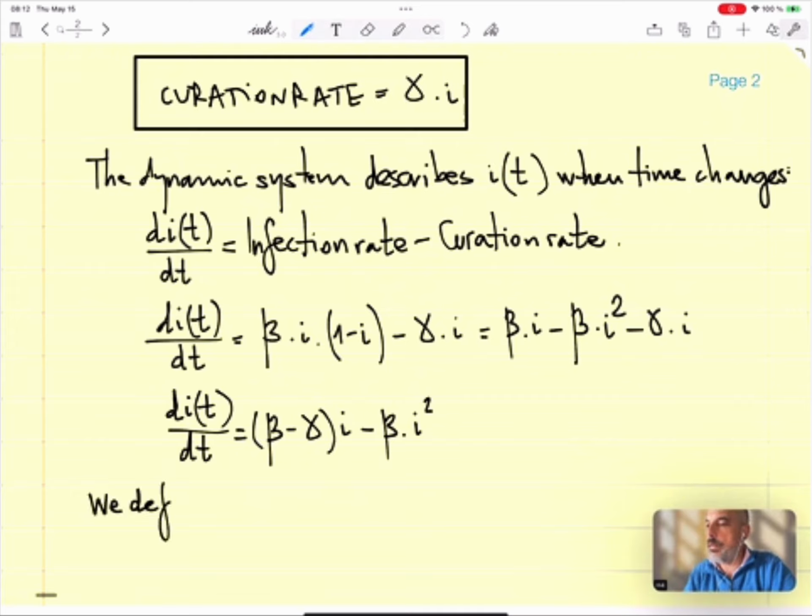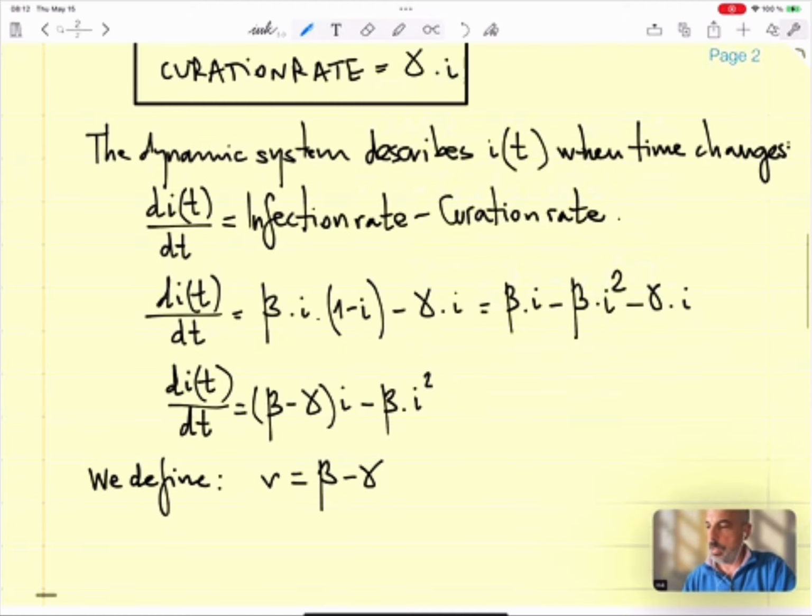We define two parameters, R equals beta minus gamma. Okay, so this is the infection rate minus curation rate.